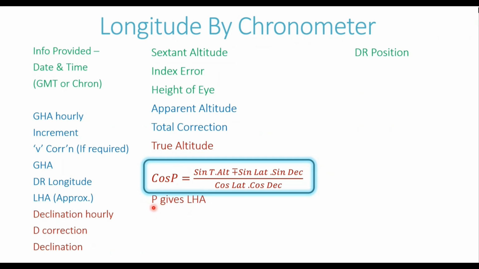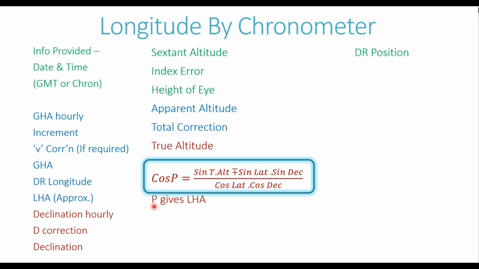And if the value of P does not match at all with the approximate LHA, you do 360 minus P, and whatever answer you get, it will match with your approximate LHA value. Usually in 90% of the questions, this will be within a degree. That means you will get one of these values, either P or 360 minus P, within a degree of the approximate LHA. So it immediately gives you an indication whether P will be equal to LHA or 360 minus LHA.